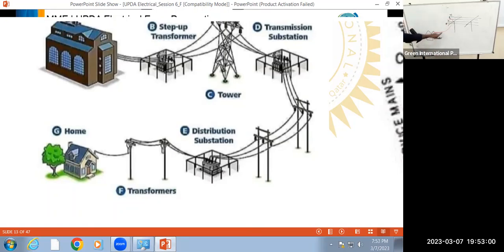Okay, one house is connected to the R phase. The next house is connected to the B phase like this. So this wire we call the service main. And these systems we call the distributors. So the service main is the small wire connected between the distributor and our energy meter. That we call the service line.